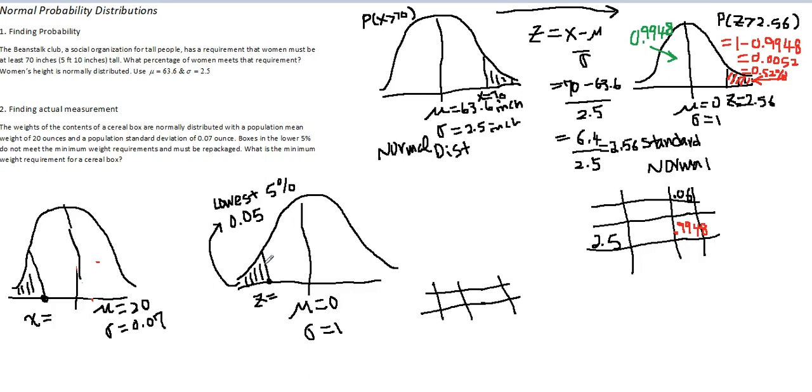If you go to 0.05, it will say minus 1.645.